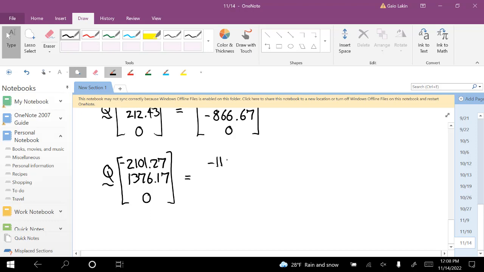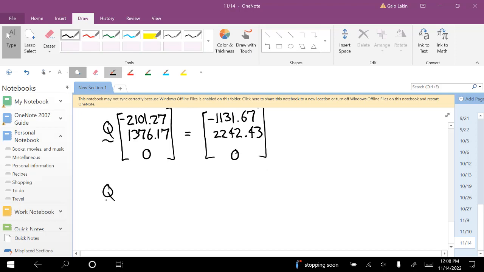And you get negative 1131.67, 2242.43, and 0 for z. And then the one that we really don't have to do, that downward force of 1,000, but I'm going to do it. 0 for x, negative 1,000 for y, 0 for z. And that comes out to be negative 500, negative 866, 0.